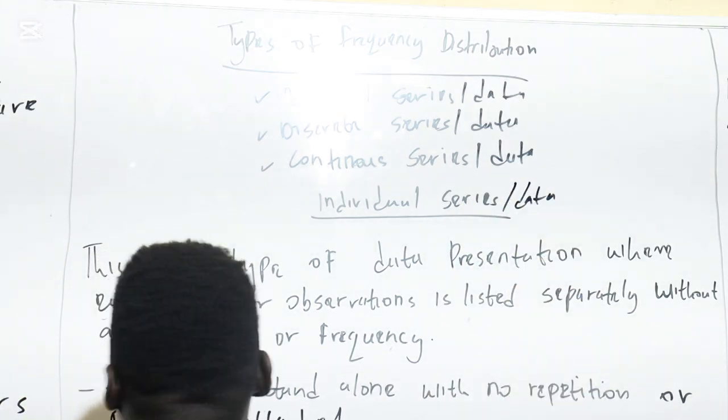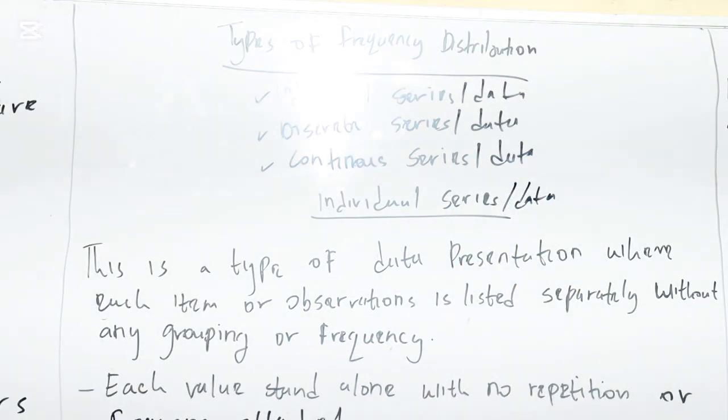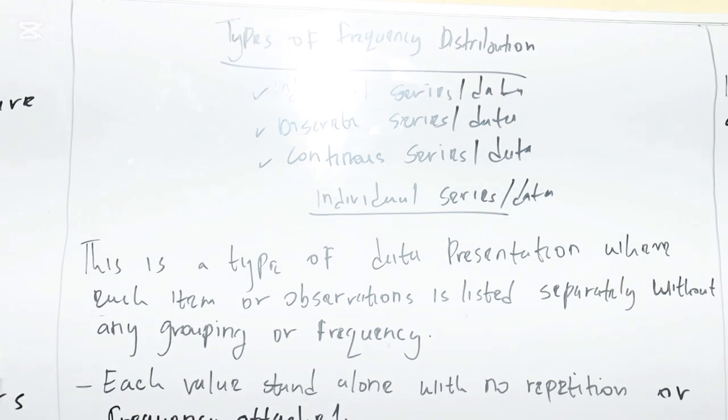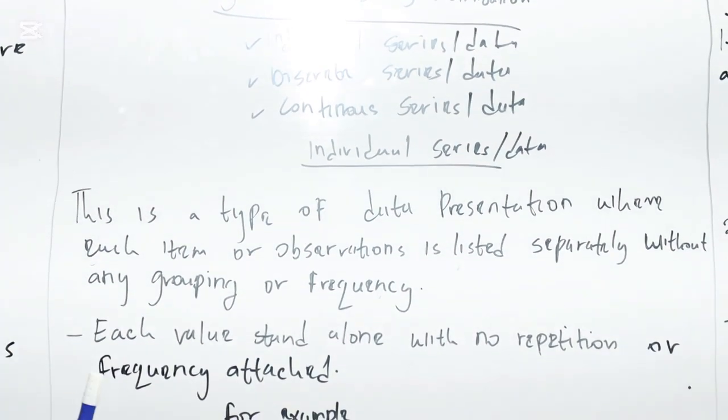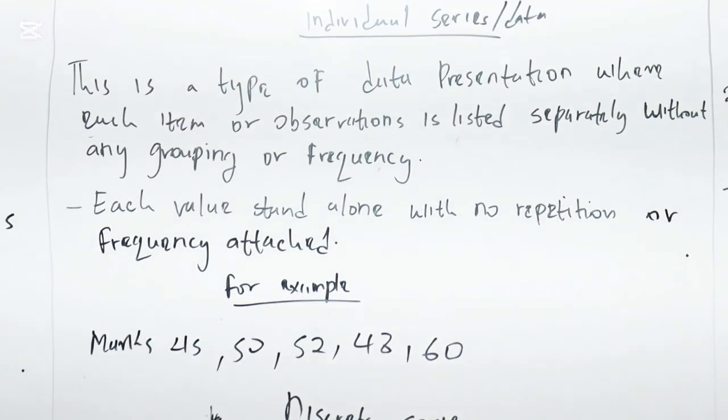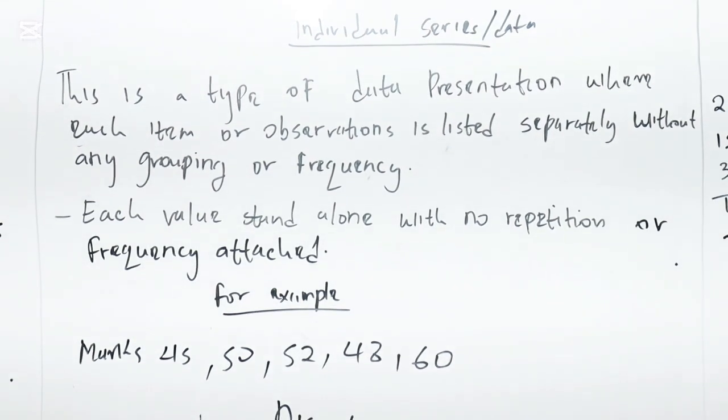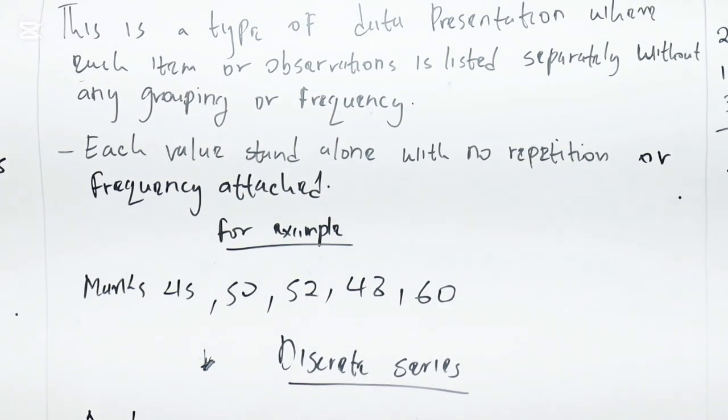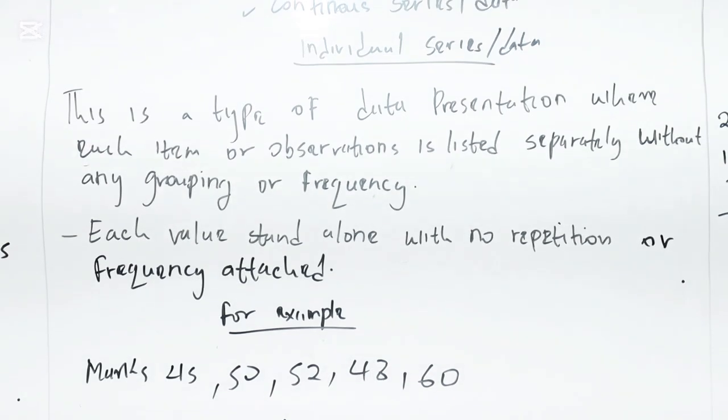Individual series. This is a type of data presentation where each item or observation is listed separately without any grouping or frequency. For example, let's say I'm in a class and we did a continuous assessment test.